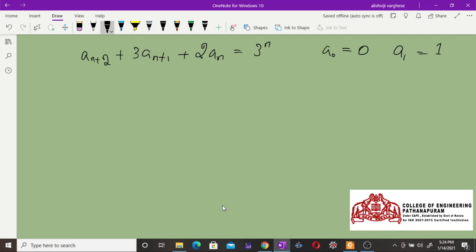So first step, we write down the auxiliary equation to find the homogeneous part of the solution.